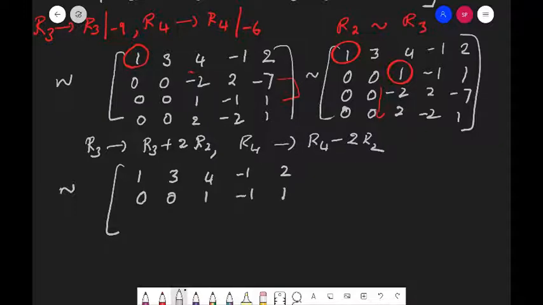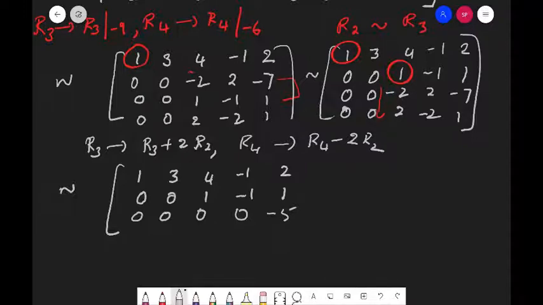So the matrix will be 1, 3, 4, minus 1, 2, and then 0, 0, 1, minus 1, 1, and then minus 2 plus 2 will be 0, and 2 minus of minus 2, plus, okay, so it will also be 0, and then I have minus 7 plus 2, which is minus 5.